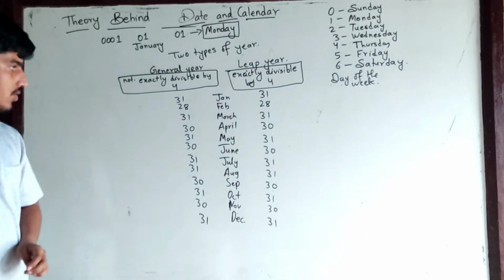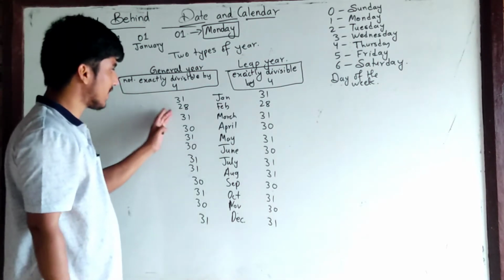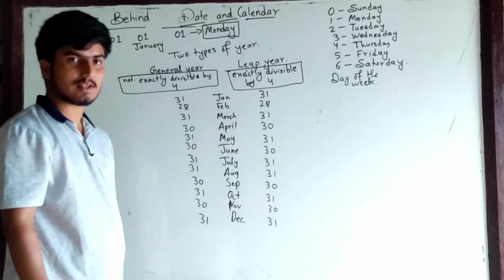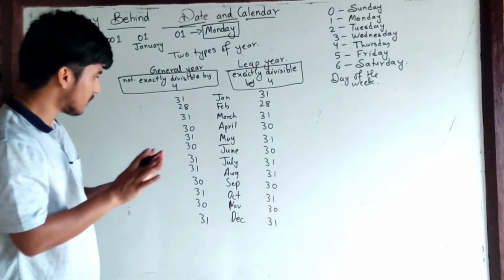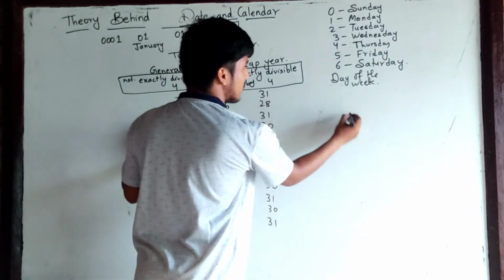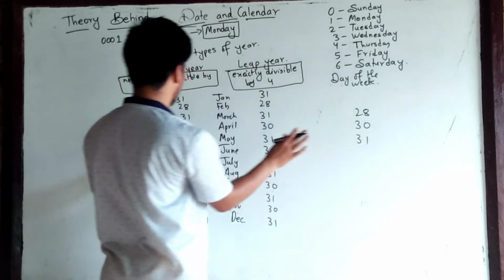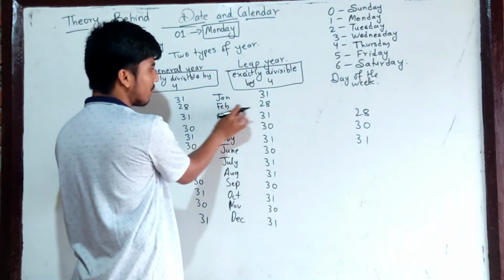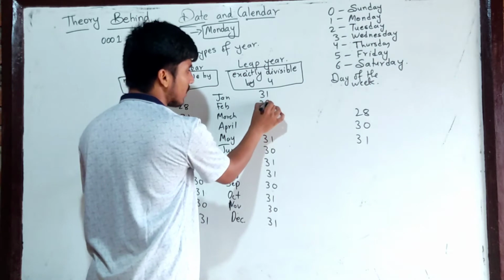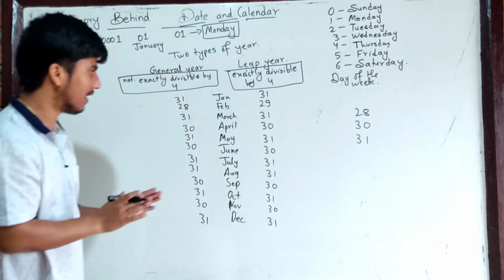Now let's find out the number of odd days for each month, right? We have 3 possible values: 28, 30, 31. Sorry, in the leap year the number of days in February is 29. We must not forget that, right?